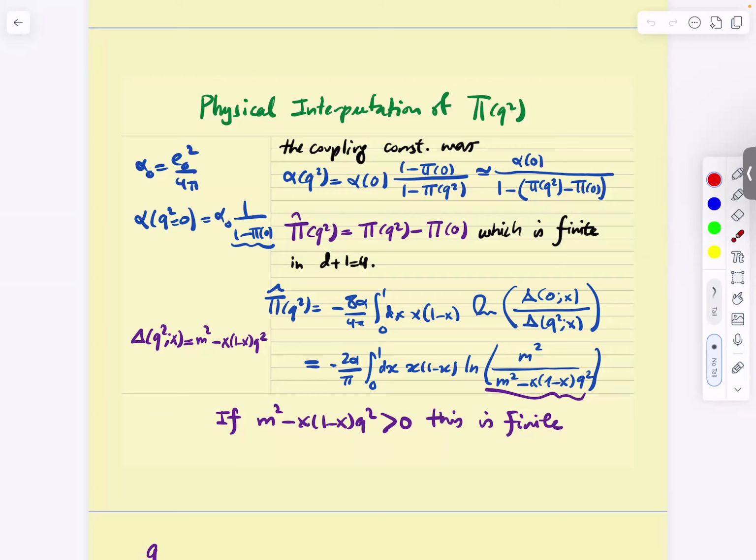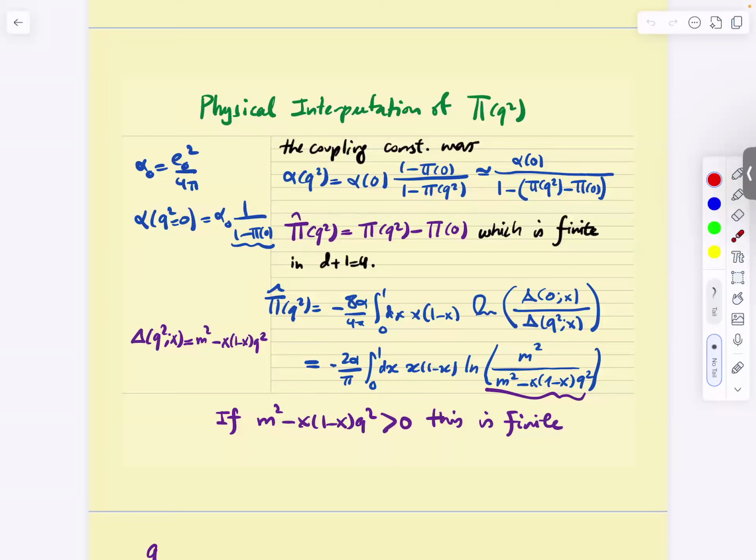But this has to do with the incoming momentum, right? So we've integrated over K, so this is that Q. M squared is just the mass of the fermion, right? And this is the integral we have to do.